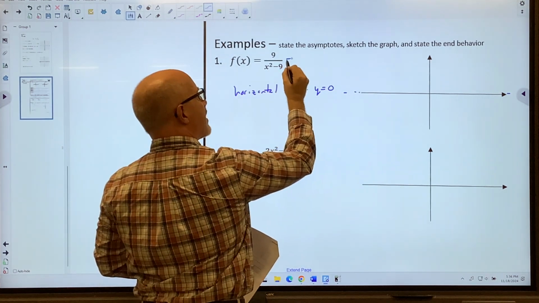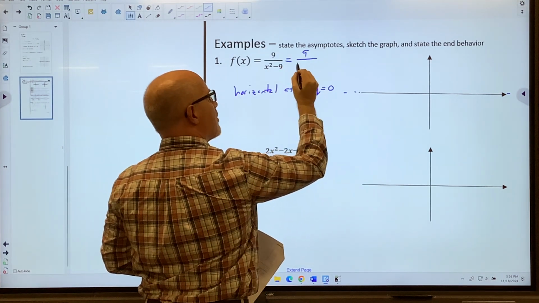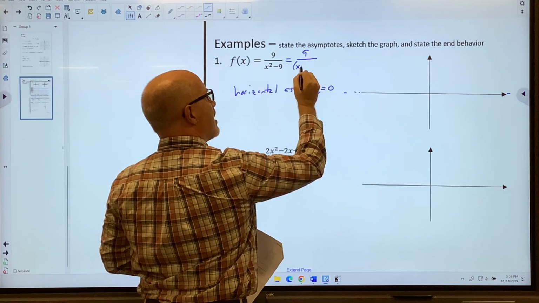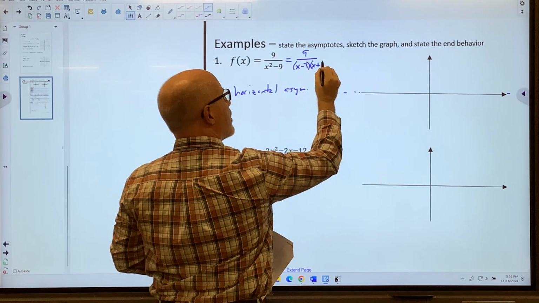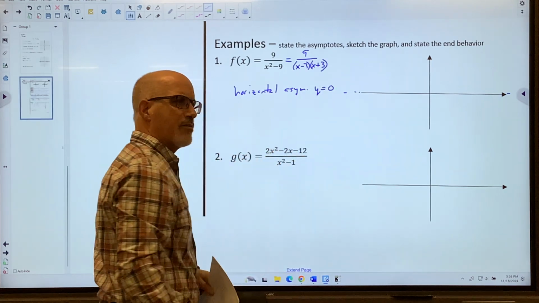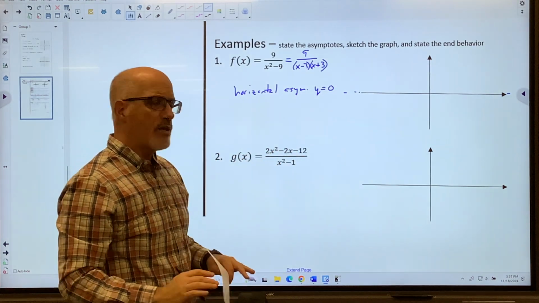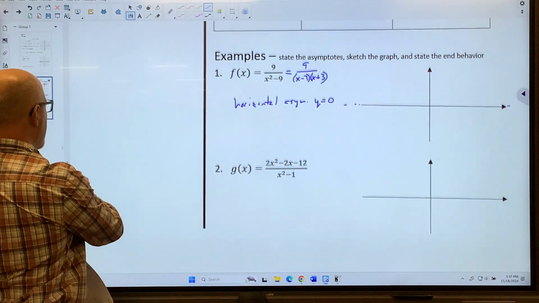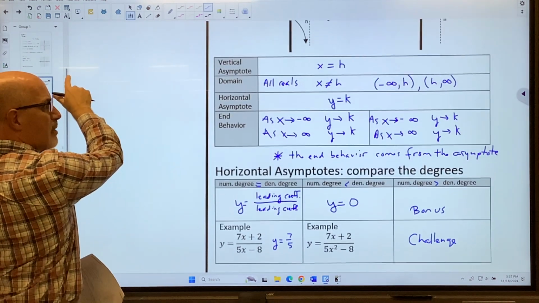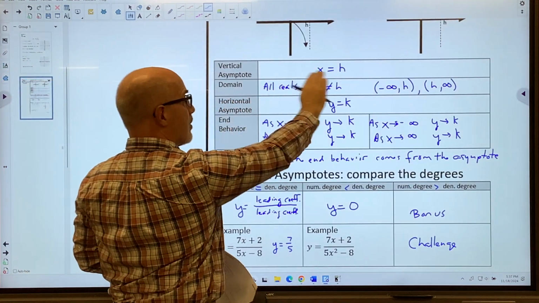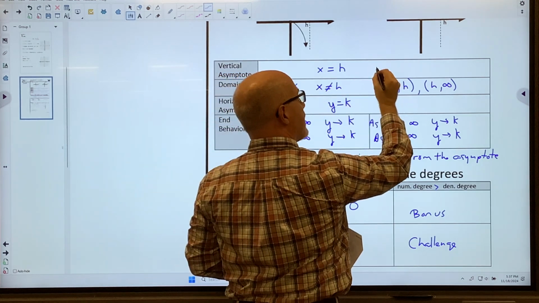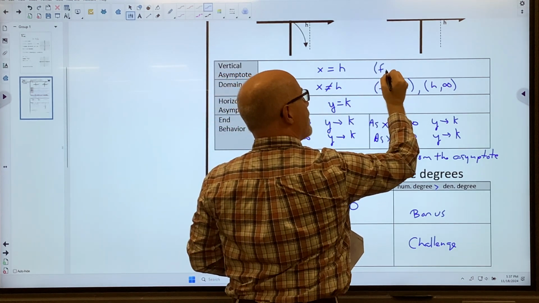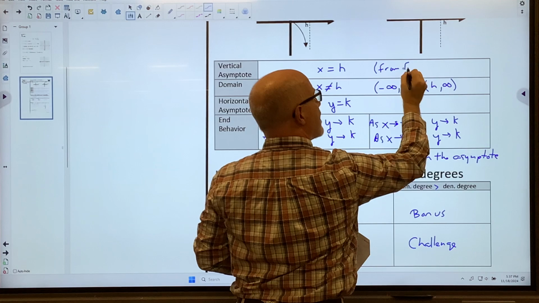We've got to factor the bottom to see where that equals 0. Remember, the vertical asymptotes are from the denominator. So let's put up here from the factored denominator.